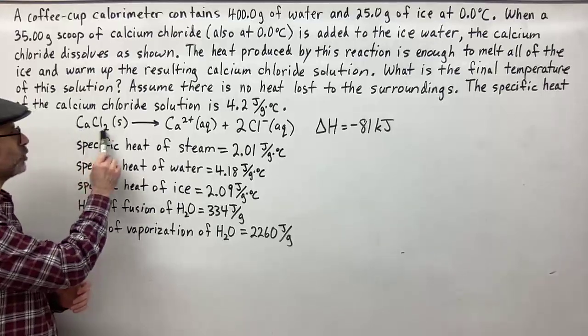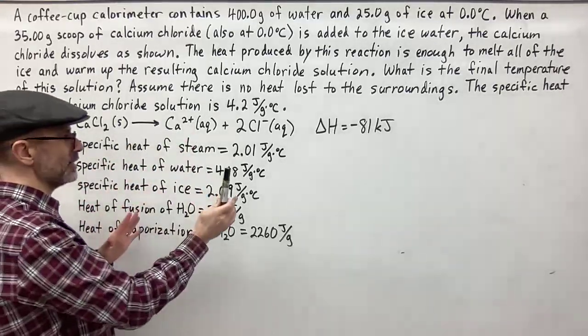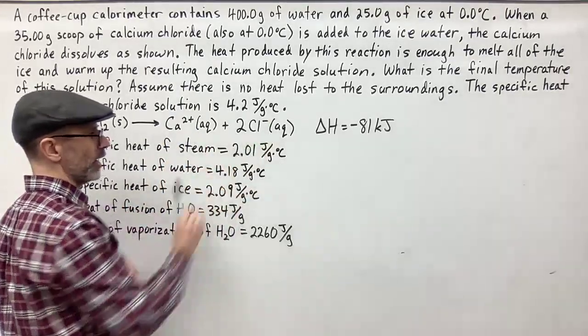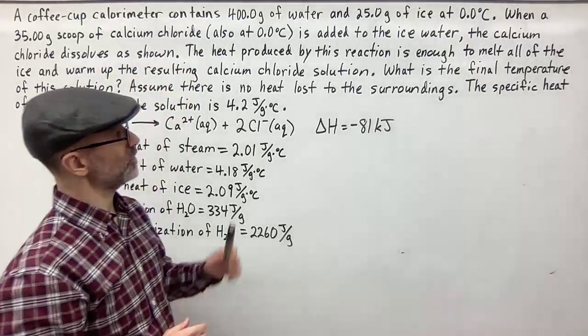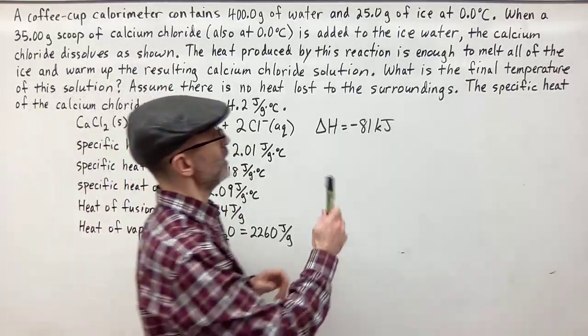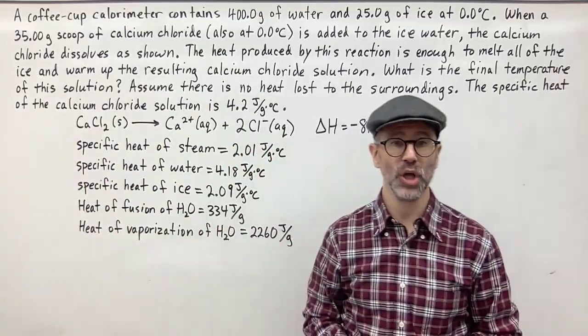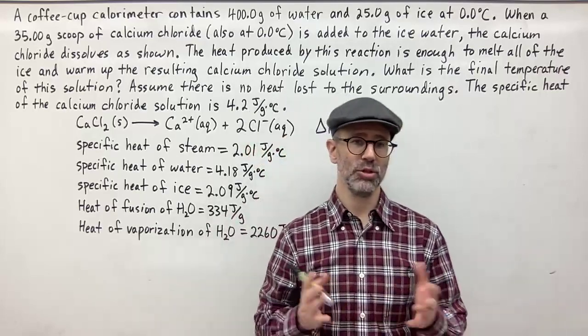So we have calcium chloride solid dissolving in water, so the ions separate and become calcium ions and chloride ions. The heat produced by this reaction is enough to melt all of the ice and warm up the resulting calcium chloride solution. What is the final temperature of this solution?